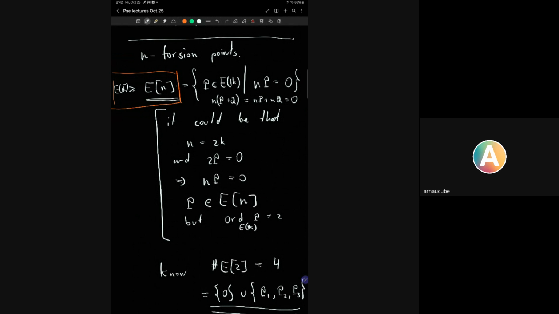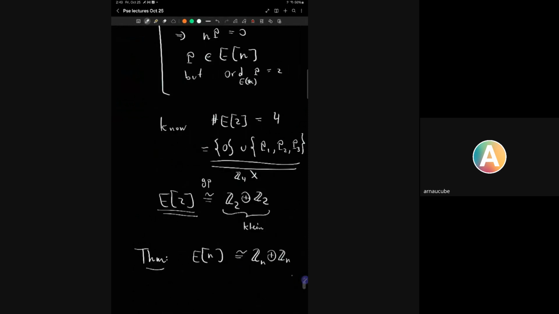E of n is intentionally defined even if k is not algebraically closed: the n torsion points are always defined as the points in the k bar rational points. And then this theorem is always true.